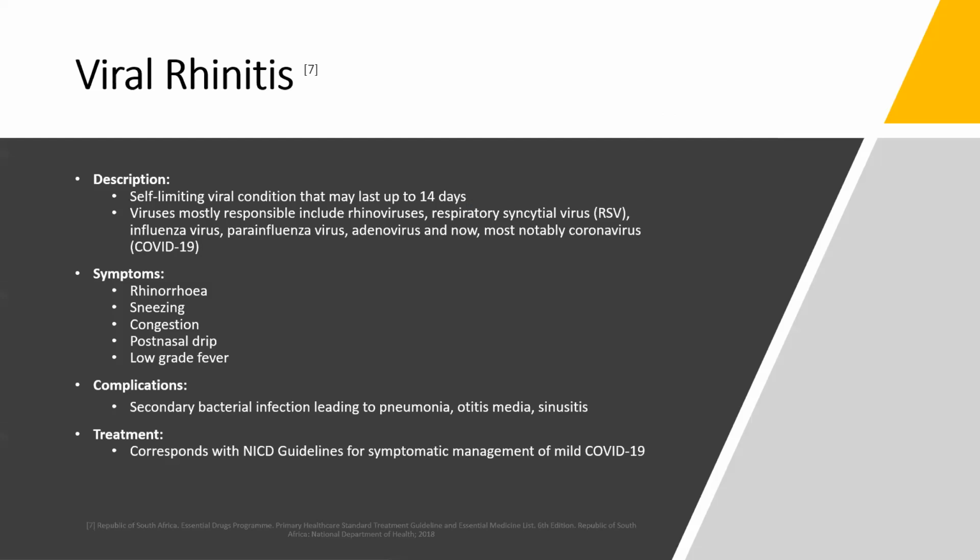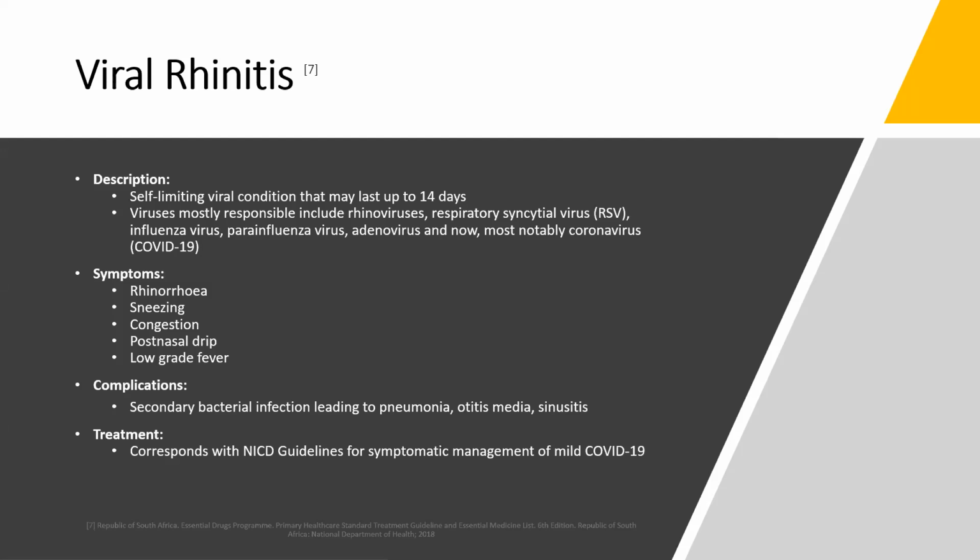Next up is viral rhinitis, and as Troy alluded to earlier, in our current setting, we really need to be cognizant of COVID being a risk in all of our patients that we do see. So the EDL describes viral rhinitis as a self-limiting viral condition that may last up to 14 days and has multiple virological etiologies, such as the rhinovirus, RSV, influenza or parainfluenza virus, adenovirus, and obviously the coronavirus.